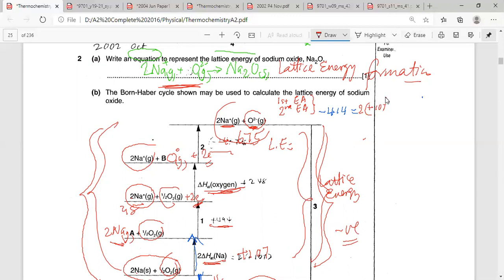I must write slowly because I want to get the space. Plus, always plus first, in the bracket. From here to here is, remember, 494. So it's 2 times again, 2 times positive 494. From here to here is what? The atomization, right?